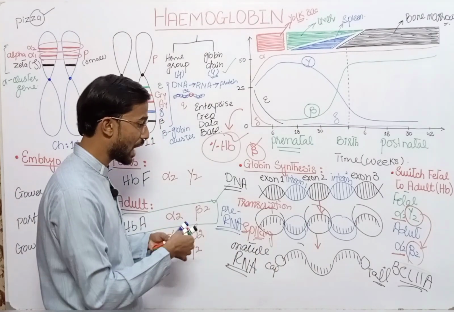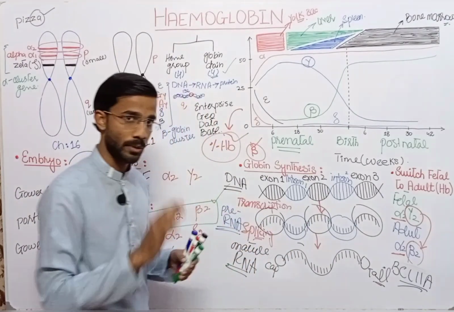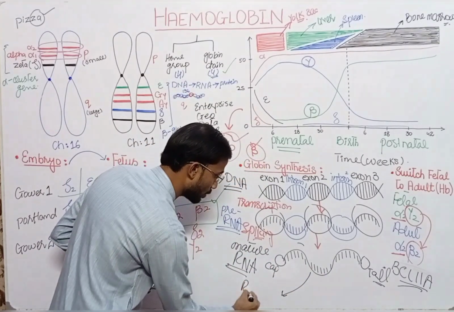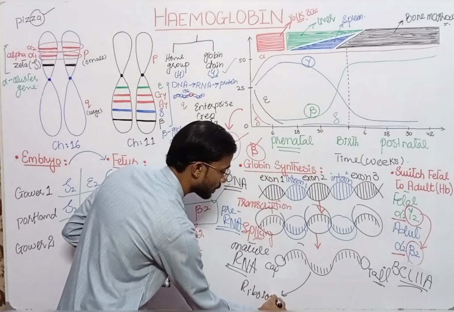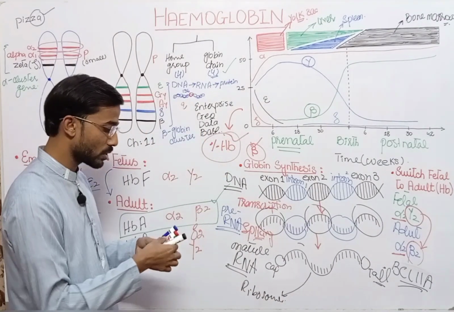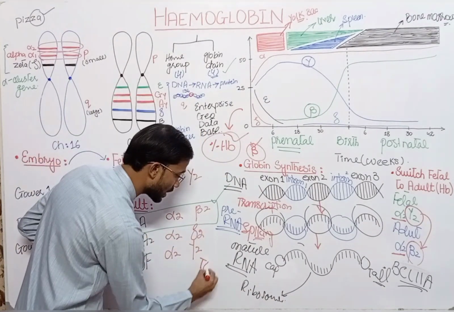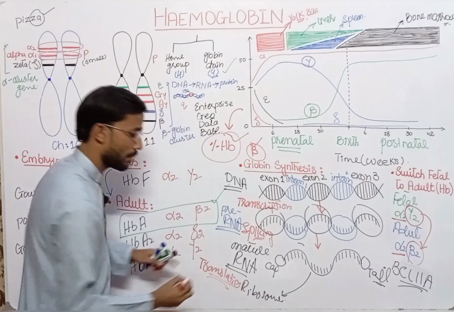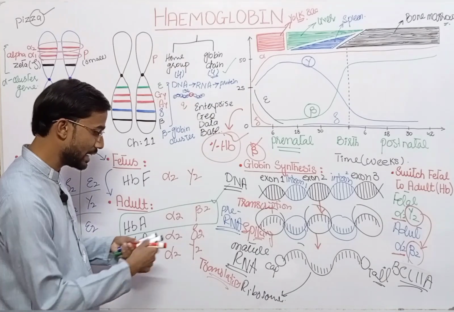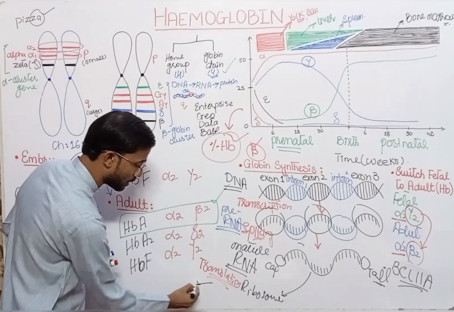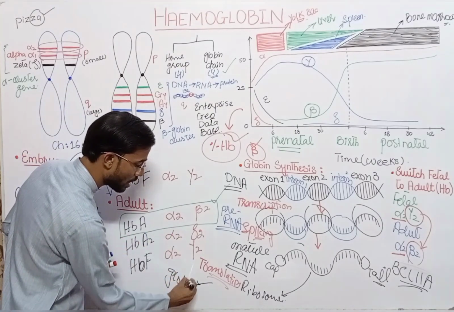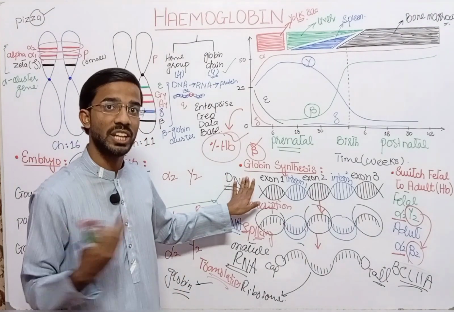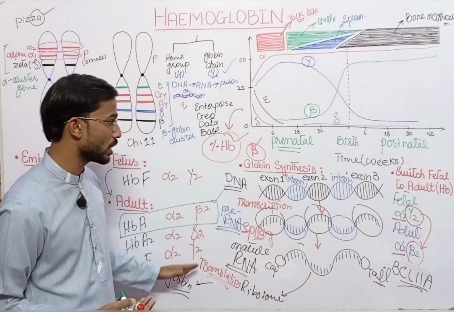When the mature RNA is produced, it will move to the ribosome. At the ribosome, what process will happen? Translation will happen at the ribosome, and finally the globin will be produced, which is the beta globin chain.